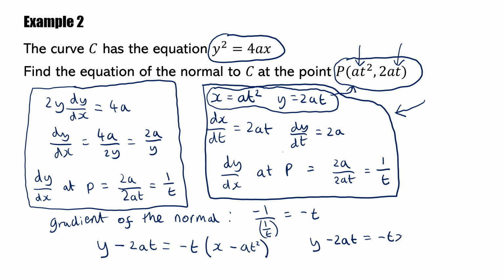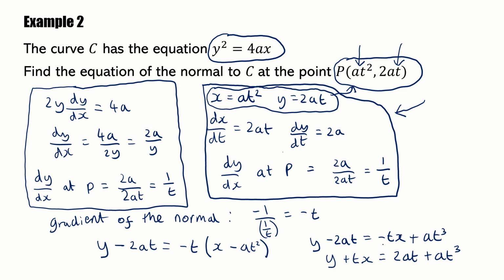So minus tx plus at cubed, and therefore when we've rearranged to make the tx on the left hand side and moved the 2at onto the right hand side, the final answer is y plus tx equals 2at plus at cubed. Cool! That is the final answer done.